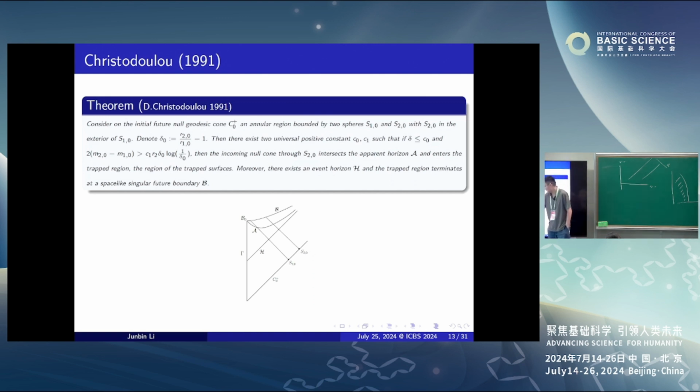On this line every point is a point, but in the outside region every point is a two sphere. If the mass content is sufficiently large initially, then along the evolution of the Einstein equation there will be a black hole region here. So a black hole can form once the mass content is sufficiently large.